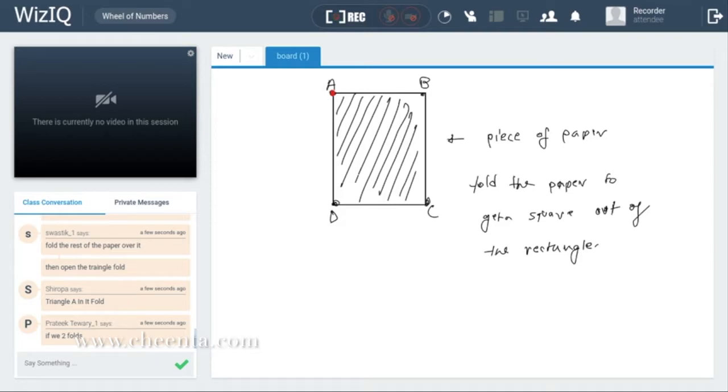Pick A and place it on BC. So like this. So there will be a diagonal fold.